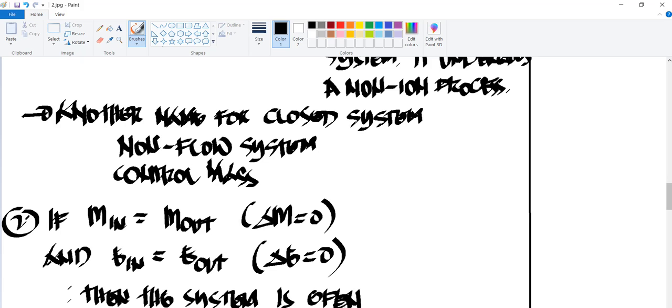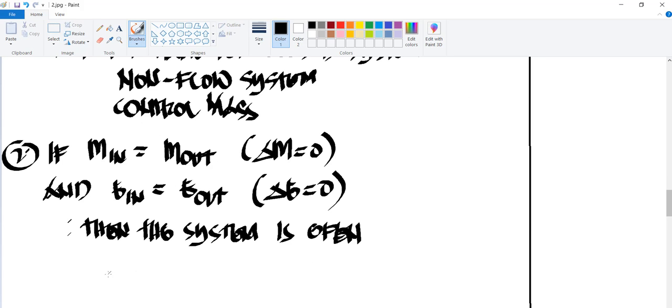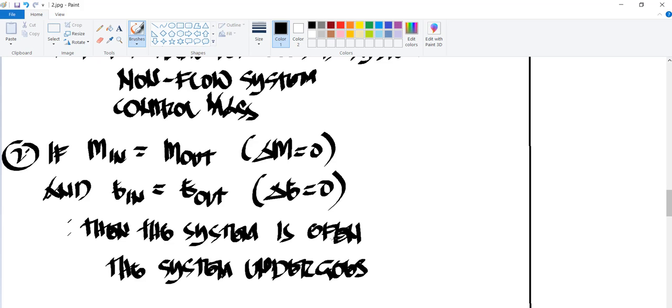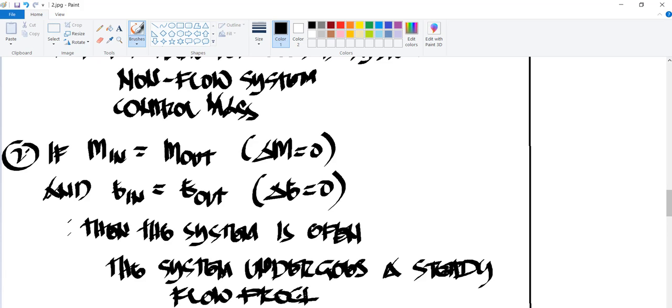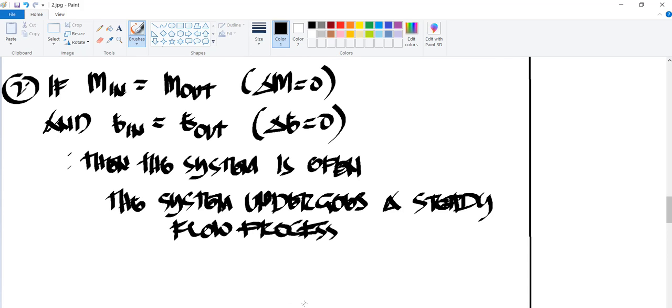The system undergoes a steady flow process. Okay. So another name for that one, we call it an open system or steady flow system, or a control volume.